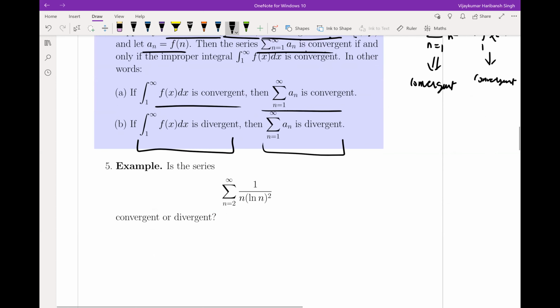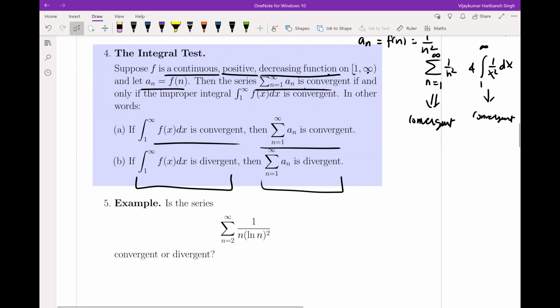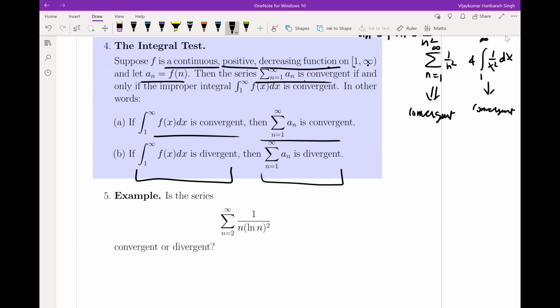So now let's see the following problem. The summation from n equals 2 to infinity of 1 by n times ln n squared. We want to apply the integral test on it. So let's see, can we first apply the integral test? What function will we choose? We'll choose f of x to be 1 upon x times ln x squared.